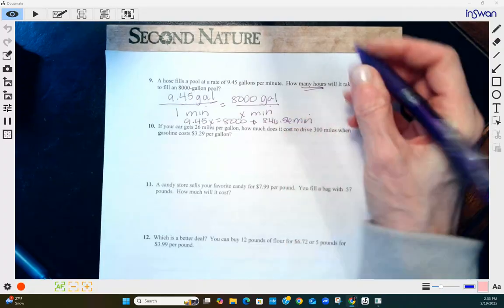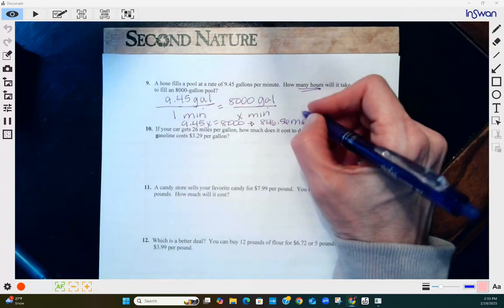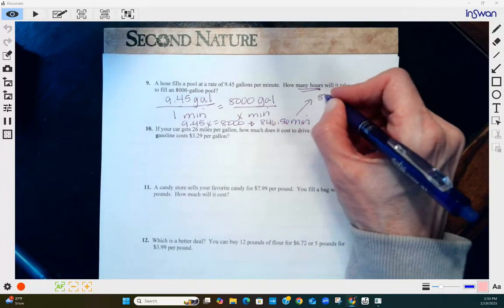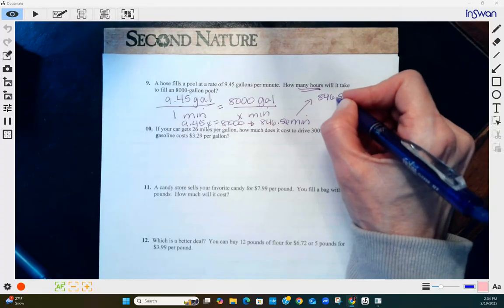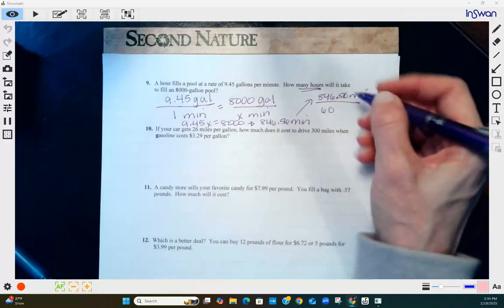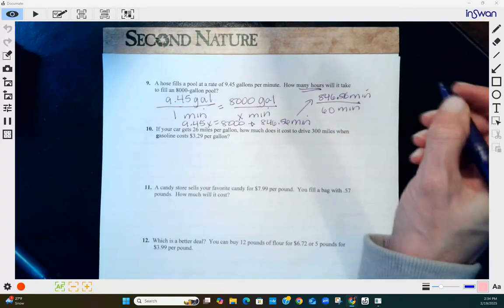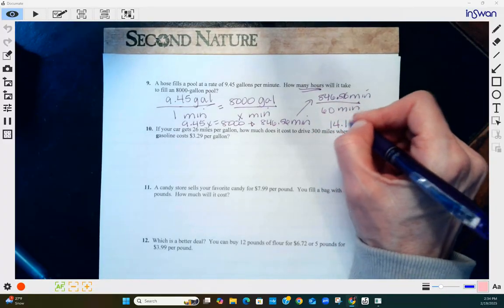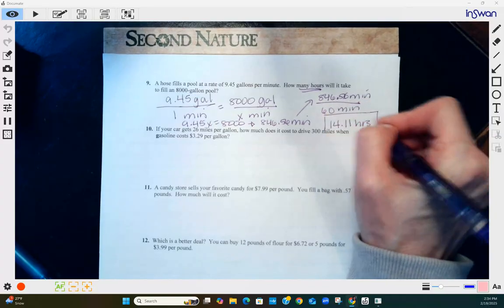But again, that's in minutes, and the question was how many hours. So we take the number of minutes, and because there are 60 minutes in an hour, we just divide by 60, and the answer is 14.11 hours.